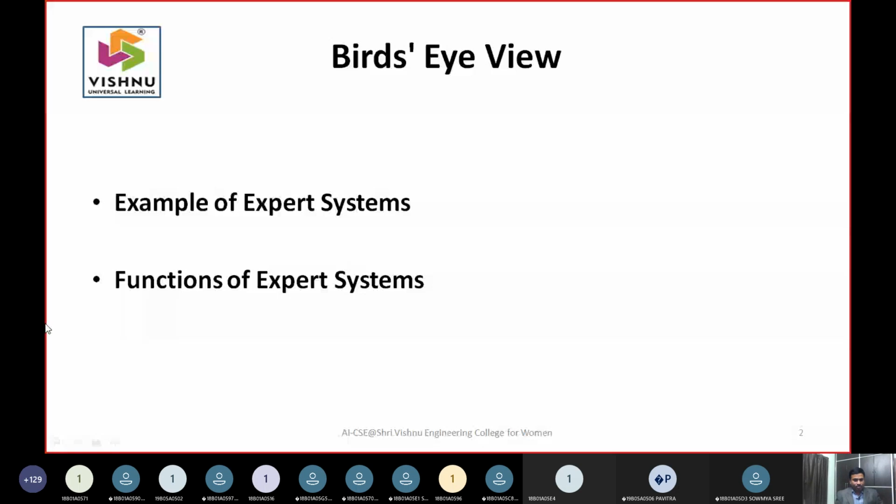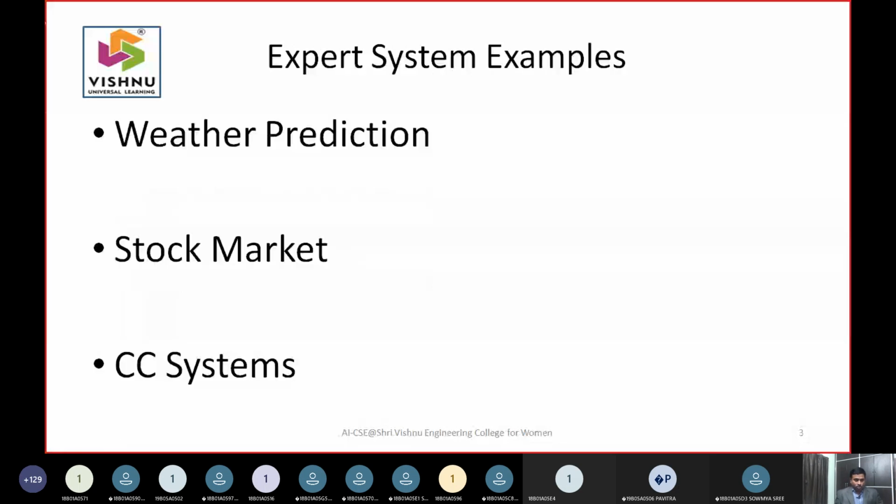So we will see some examples. These examples we have already seen, but we will go through them very fast. We spoke about weather prediction many times. When you try to predict the weather, you have statistical data.